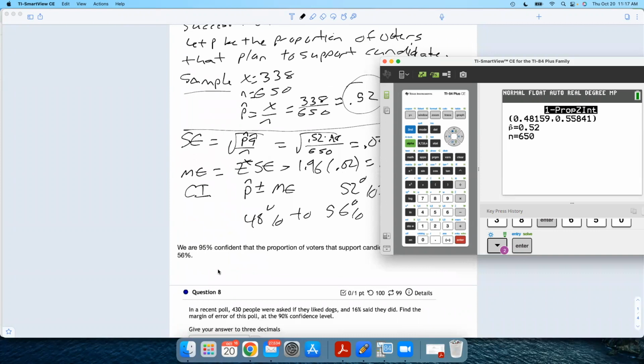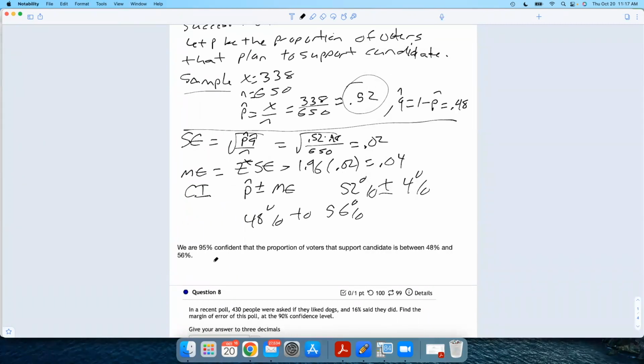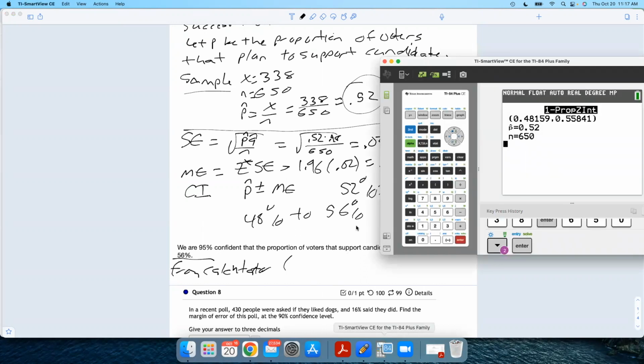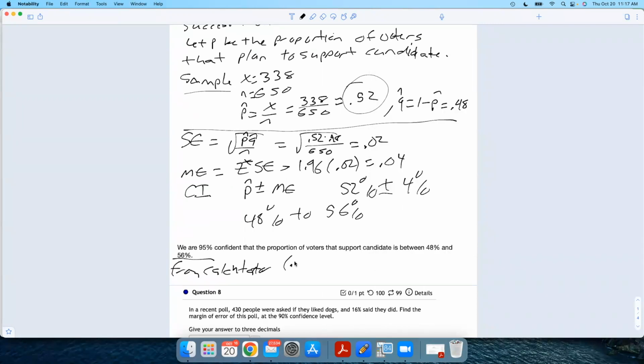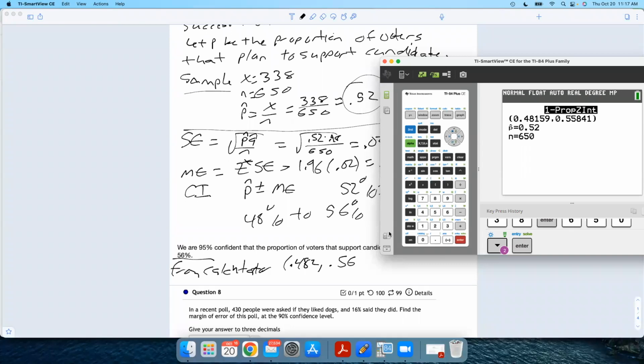Okay, so I'm going to say here from the calculator, we got the interval 0.482 up to 0.558.